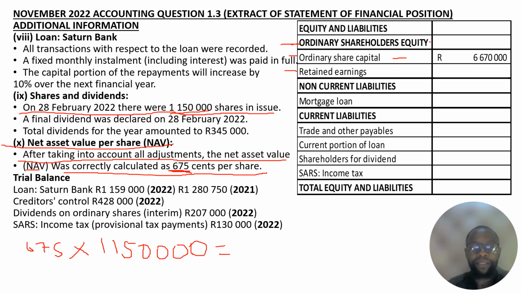And then we get 675 multiplied by 1,150,000, and then we get 776,250,000.